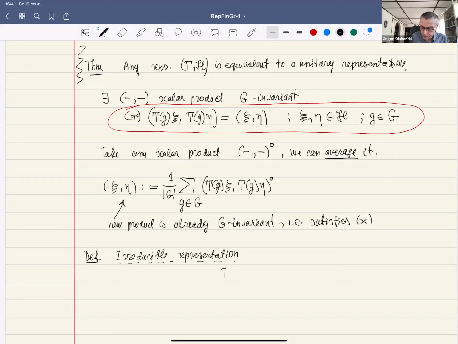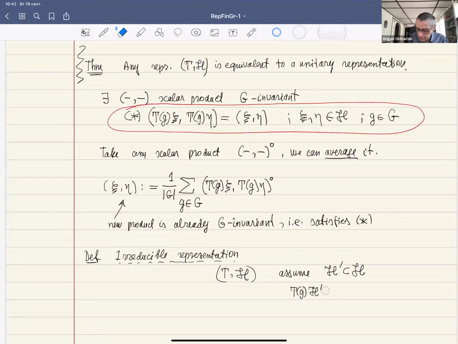If you have some representation, assume that we have a subspace, say H prime, inside H, which is G invariant, meaning that our operators transform it into itself, but because they are invertible, this exactly means a condition of invariance with respect to any element of our group.